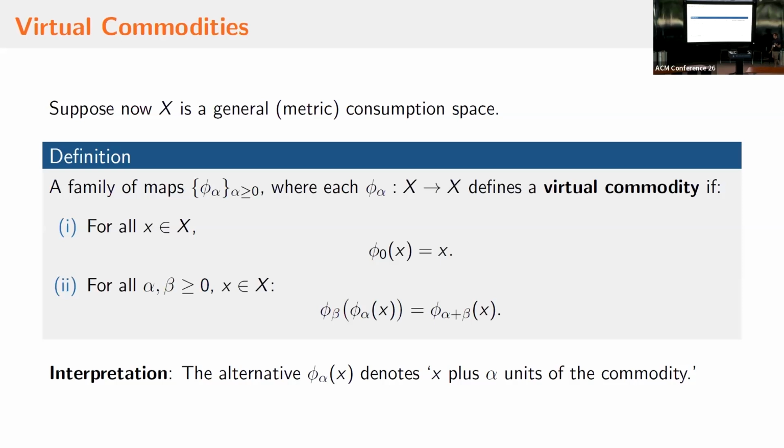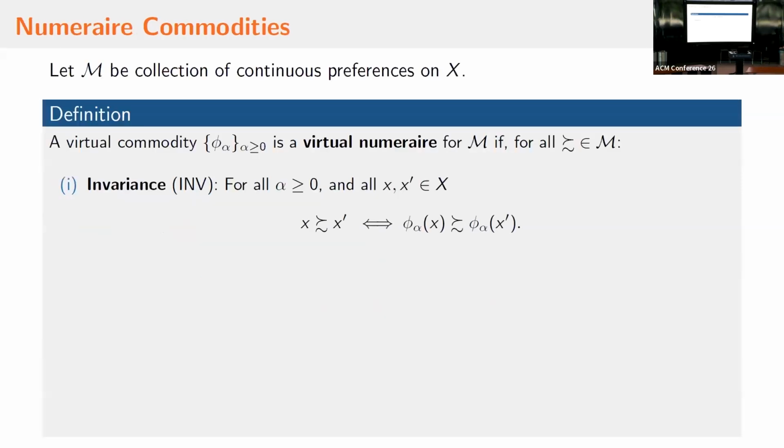The interpretation I want to fix to these transformations is that phi subscript alpha of x represents the outcome of x plus alpha units of extra commodity. These axioms just ensure that this is a reasonable interpretation of what this is doing. In the quasi-linear world, you could have thought of our maps as just being translations along the linear axis, but this is a coordinate-free generalization of the notion of commodity to abstract settings.